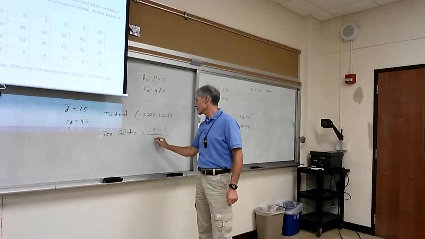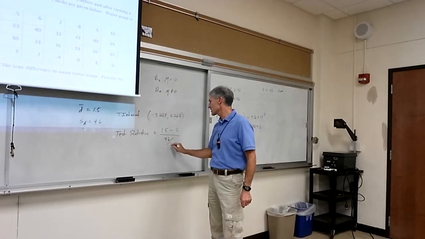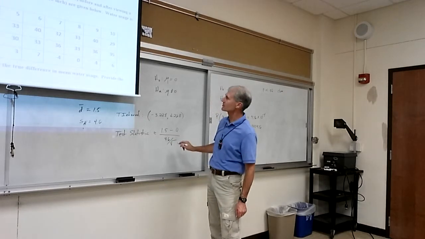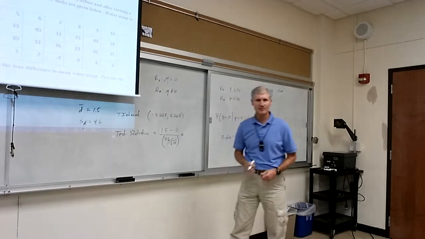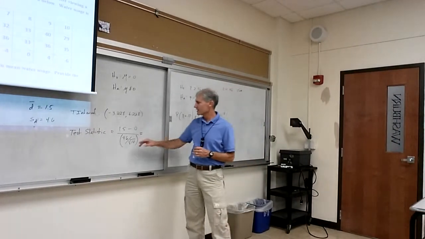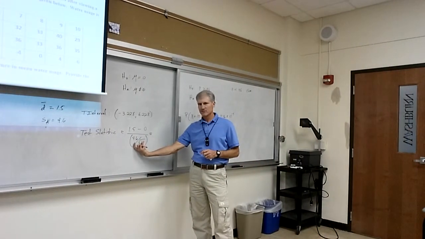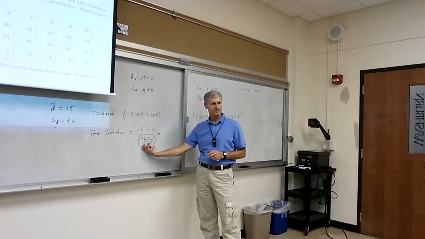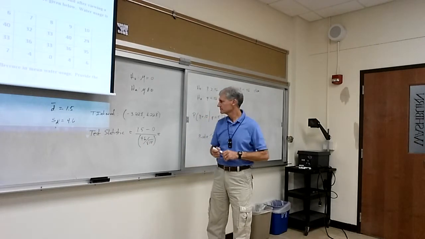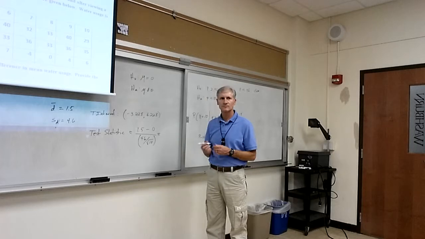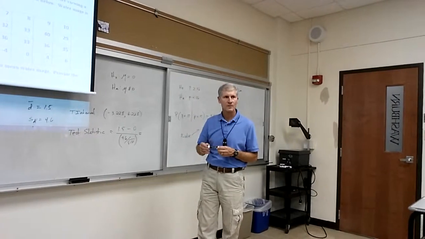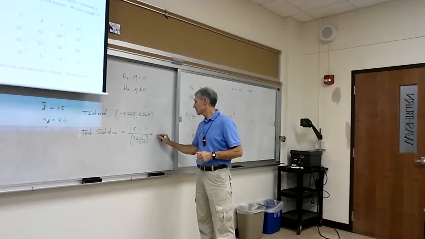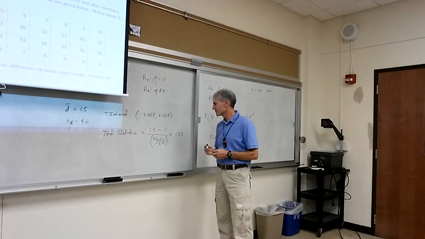The standard error, remember, of a mean is standard deviation over the square root of the sample size, which was 10. Somebody do that for me real quick. Take 1.5 and divide by this ratio. 1.03. Okay?